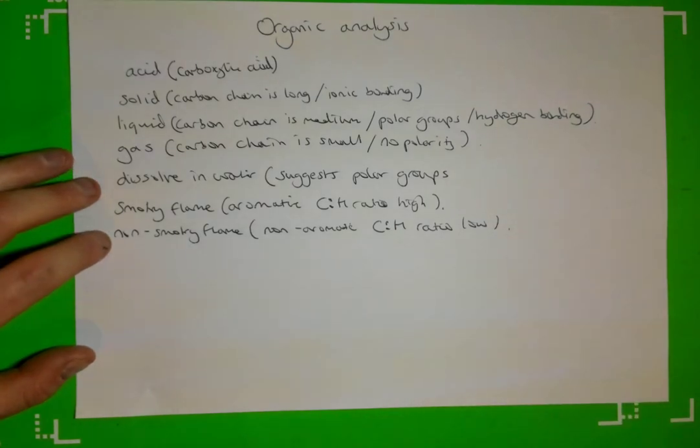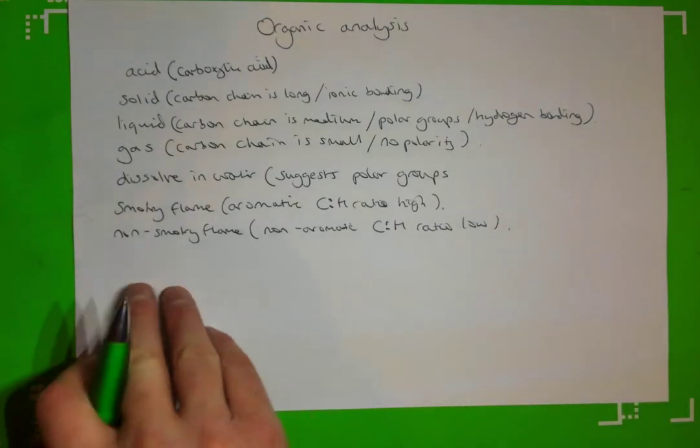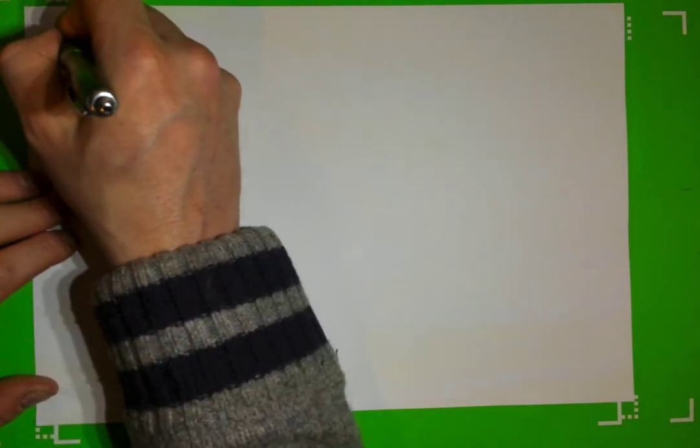Let's have a look at some specific chemical tests now. So we're going to take just some of our functional groups. You've got to know how to test for an alkene.